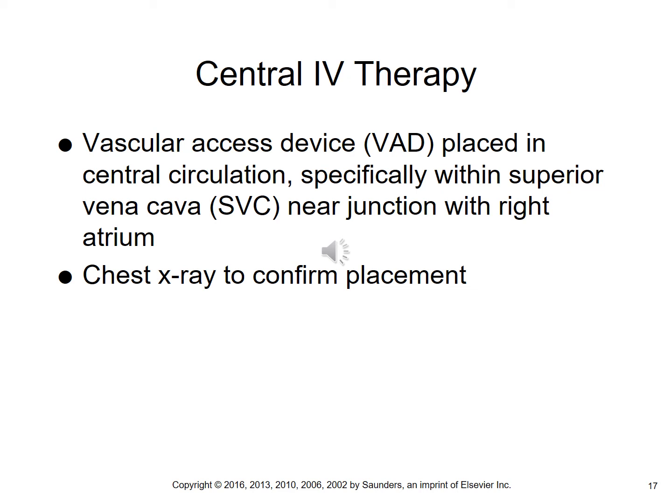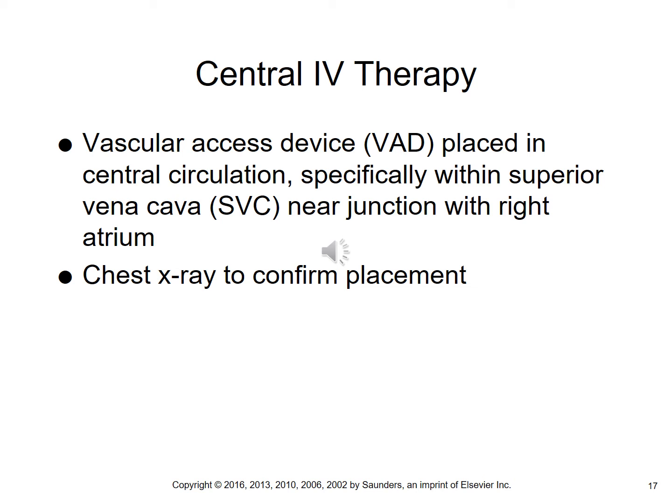A big thing that you want to think about when it comes down to a central line is making sure that the central line is appropriate in position, because the whole thing is that in the superior vena cava, there's about 2 liters per minute of blood compared to what's going on in the venous system. There's 200 milliliters per minute.